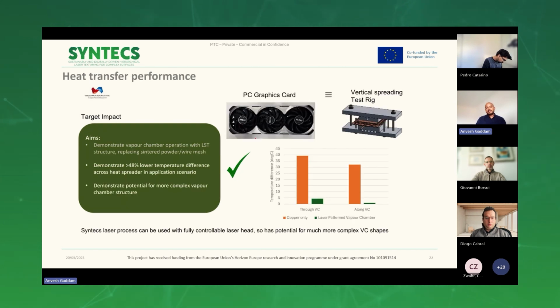When we tested with the vertical heat spreading test rig, we found that the temperature difference between the top and bottom plates through the VC is reduced by more than 48%. The red graph shows the commercial vapor chamber, and the green one shows the laser patterned vapor chamber, which shows significant improvement in the temperature difference between the top and bottom plates.